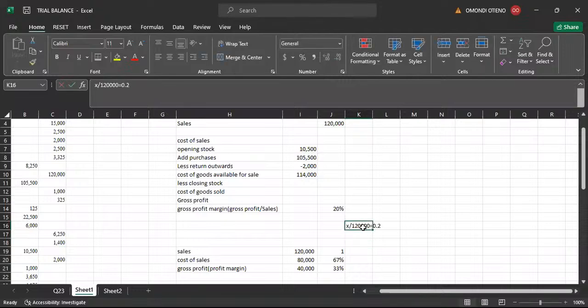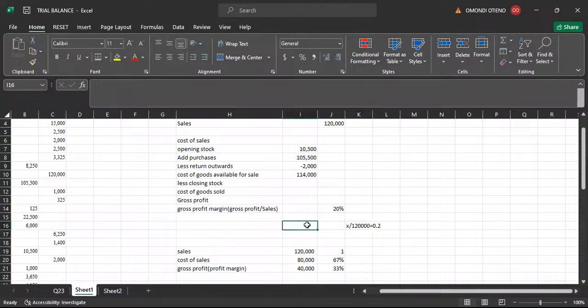Now, if I want to get X alone, X over 120,000 is equal to 0.2. What am I going to do? I'm going to multiply both sides by 120,000.